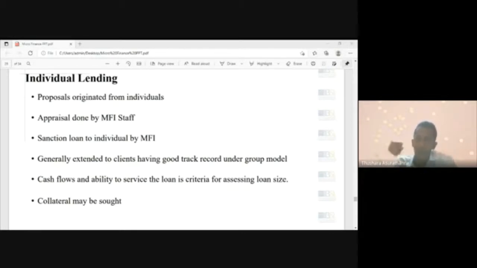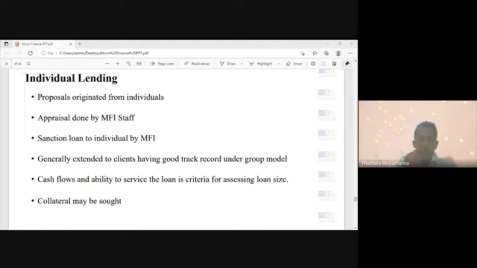They have come to a level where the business has acquired some assets, so they can now independently run the business without any group support, like SME customers. When they come to that level, the microfinance institutions or the banks can directly lend to these individuals, the particular borrower or entrepreneur.